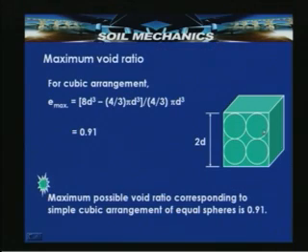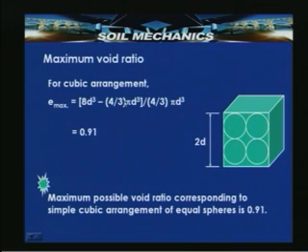If you consider 4 particles of soil idealized as spheres of diameter d, where d is the particle size diameter, and if you assume that the maximum void ratio from the cubic arrangement, e max, is equal to 8d cube, that is nothing but the total volume minus the volume of the solids, that is nothing but the equivalent volume of 8 complete spheres, 4 by 3 pi d cube. 4 by 3 pi d cube is the volume of the solids.